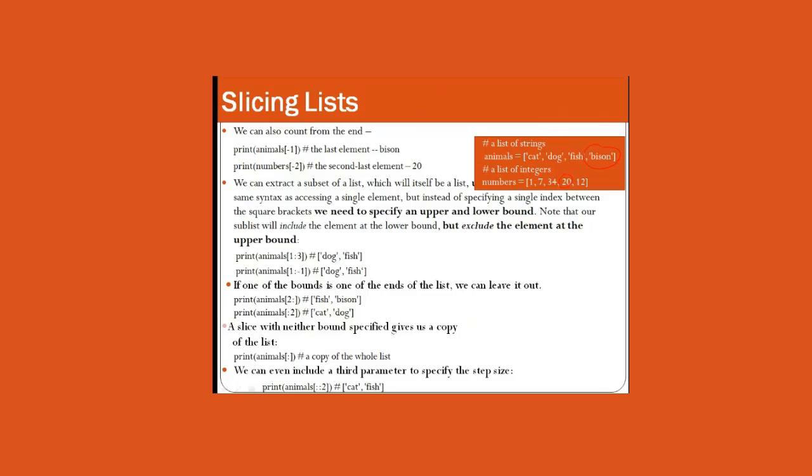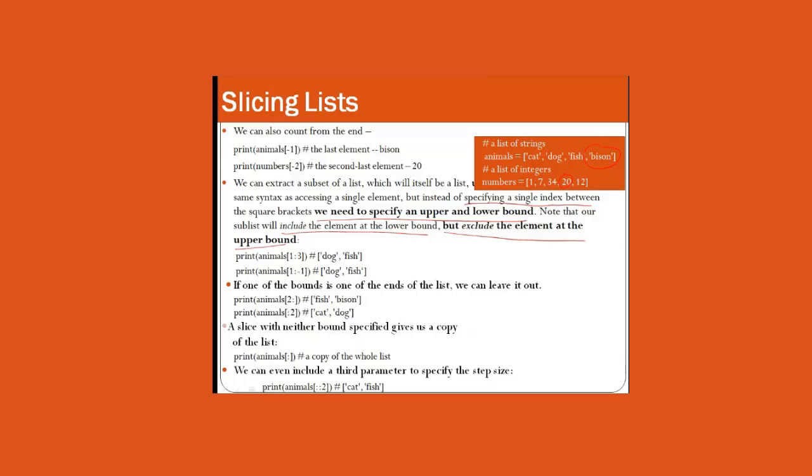So we can extract a subset of a list, which can itself be a list. How will you do it? Instead of specifying a single index between the square brackets, you need to specify an upper and lower bound. We have already seen that it includes the element at the lower bound but excludes the element at the upper bound.